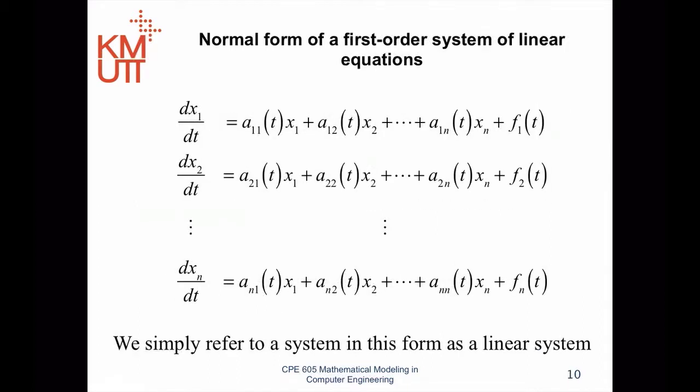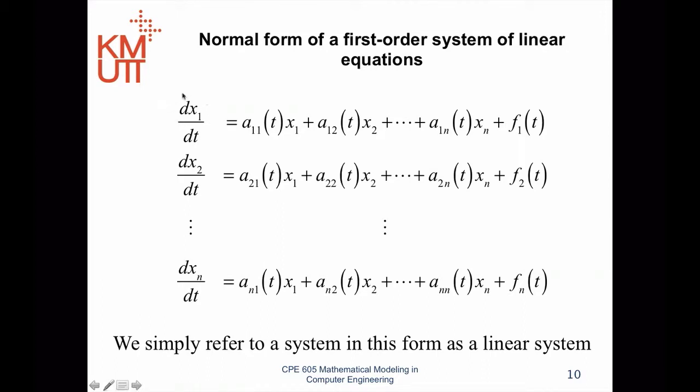If we have n populations, we could write the change of each population as differential equations. And when we combine all of the equations together, it would form a linear system, a system of linear equations. Let's look at each of these one by one. The first equation describes the change of the variable x1.